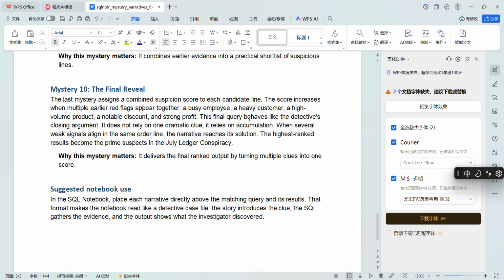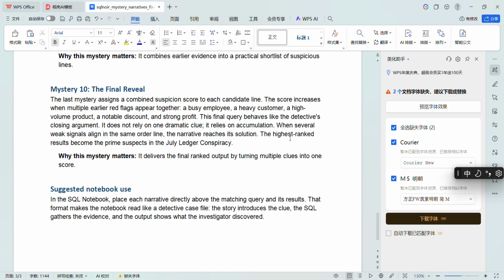This final query behaves like the detective's closing argument. It does not rely on one dramatic clue. It relies on accumulation, when several weak signals land in the same order line.